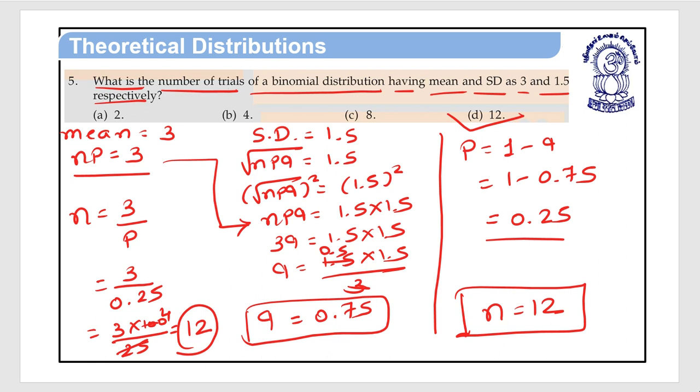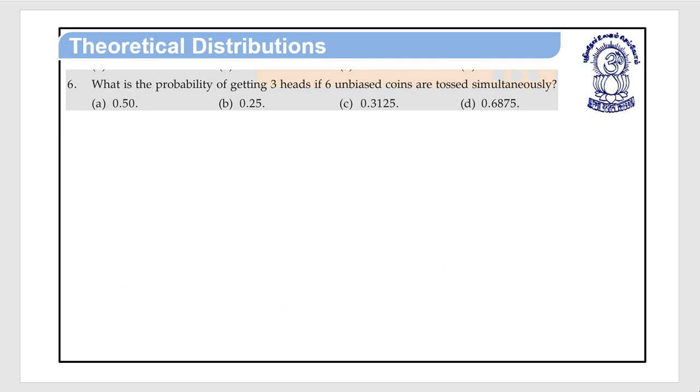Now move to question number 6. What is the probability of getting 3 heads if 6 unbiased coins are tossed simultaneously?